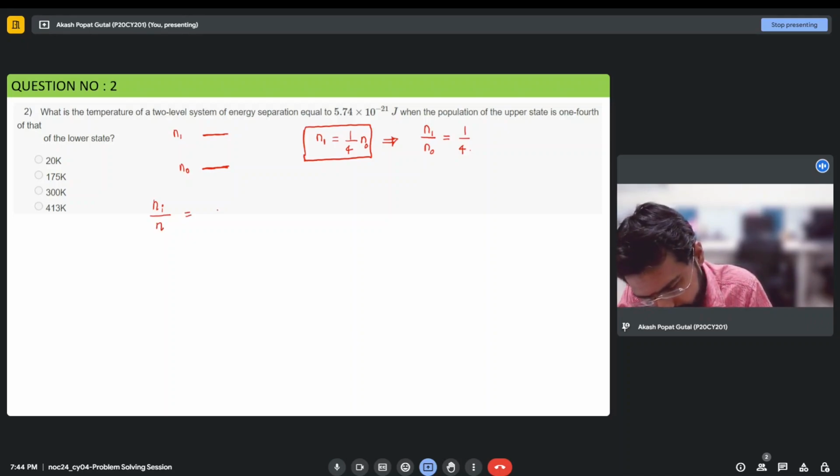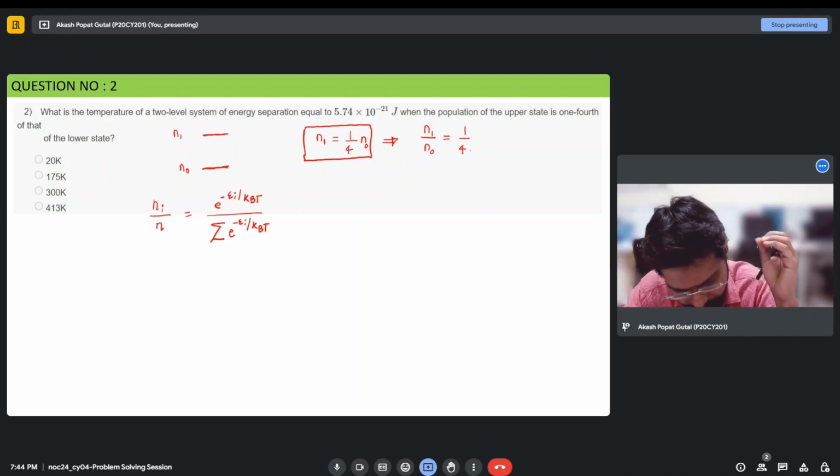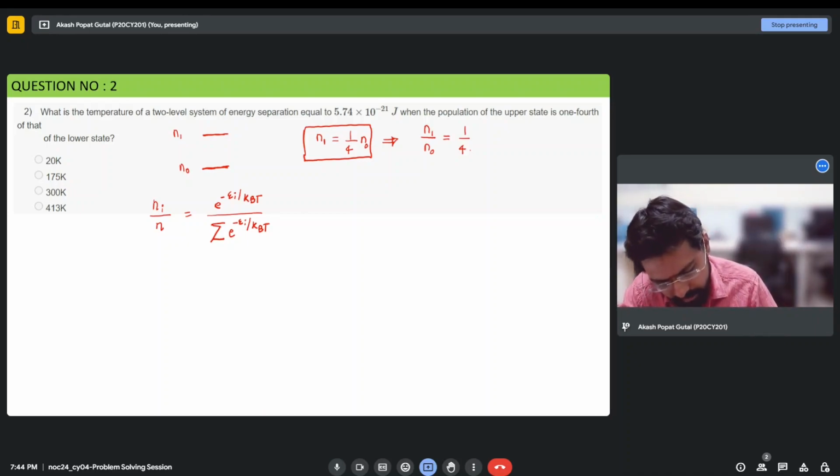This is a two level system, hence we will have e raised to minus epsilon i by kBT divided by the summation of e raised to minus epsilon i by kBT. So we will write this equation for the individual energy levels.